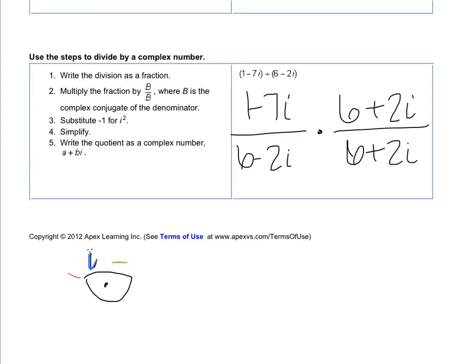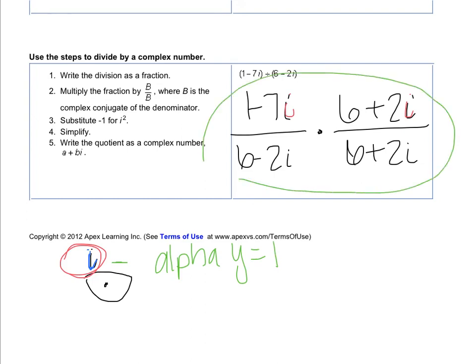This i that is in blue right here is the same i that you see here. So you can actually type this in your calculator. But in order to type this in your calculator, you must use your fancy fraction, so you must use alpha y equals n/d. And you must actually type this in the way that you see it here.